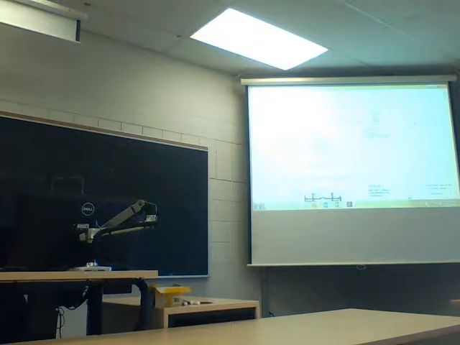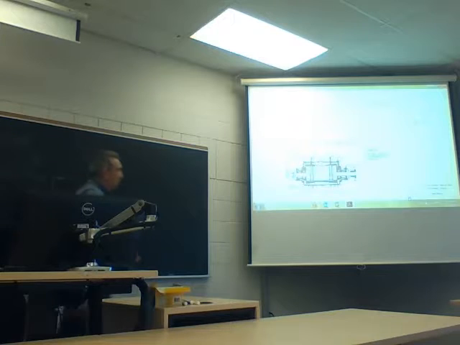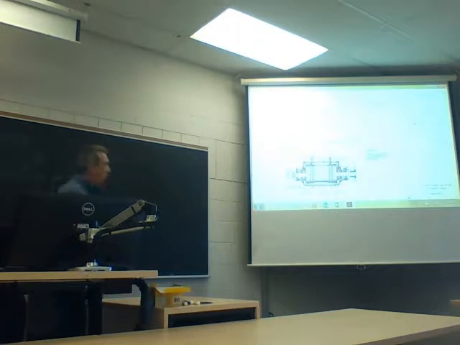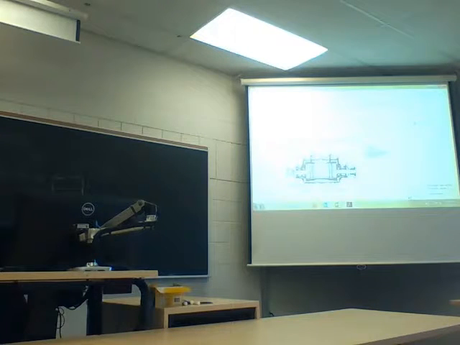Okay. That's just a side view of it in case you want to see one. There's slots in here where the vanes are and they come out. The cooling water jacket, right there.